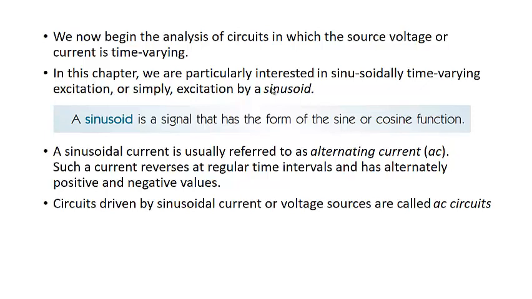Such a current reverses at regular time intervals and has alternately positive and negative values. This alternating positive and negative value can have any shape apart from sinusoidal, but we have retained alternating current as a sinusoidal current. So circuits driven by sinusoidal current or voltage sources are called AC circuits.